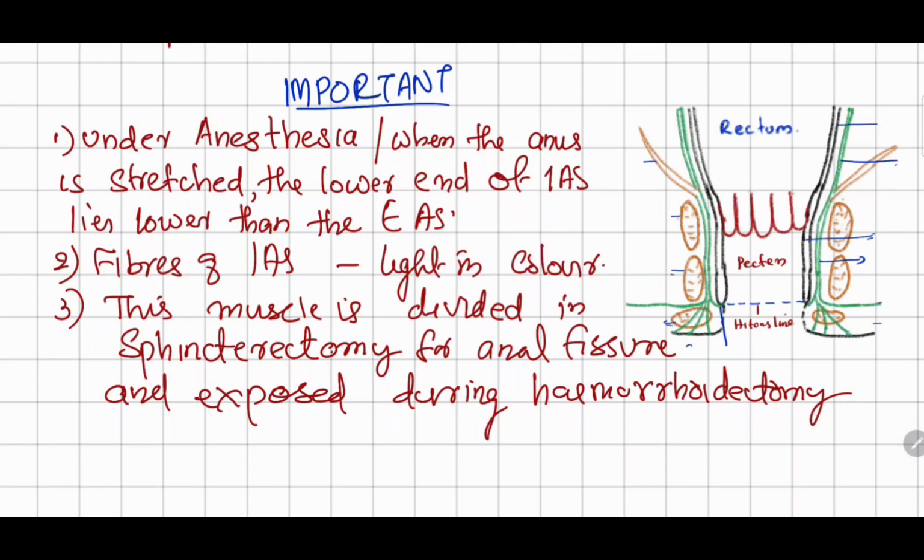Now, one important point. Normally, anatomically, the internal sphincter lies above the external sphincter, so the external anal sphincter lies lower than the internal sphincter. Under anesthesia, or when the anus is stretched, the lower end of the internal anal sphincter lies lower than the external anal sphincter.